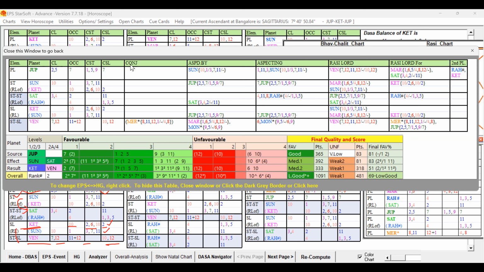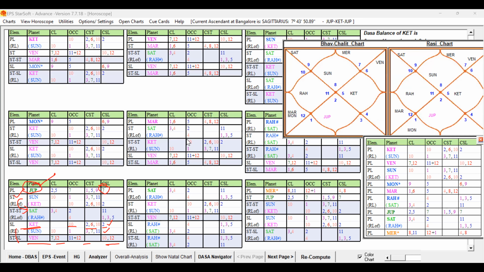The ruler link is there. So the sublord planet representing Sun, which has Sun in its supports, means that indirectly Jupiter is forming a ruler link to the Ketu. I think you're able to understand. It means the sublord planet Ketu has some weakness, but it is getting support from the star lord planet Sun, the ruling second planet, which is a Rasi lord.